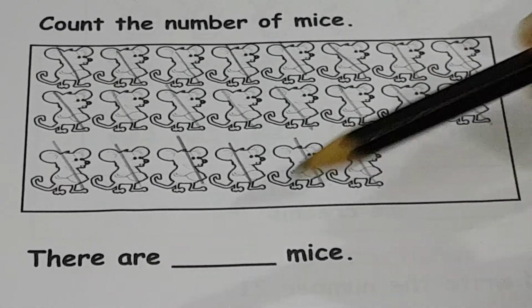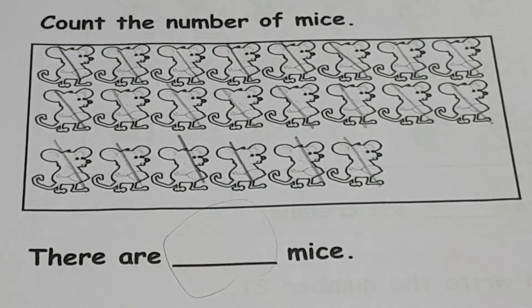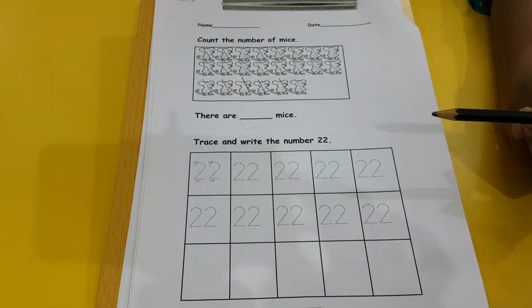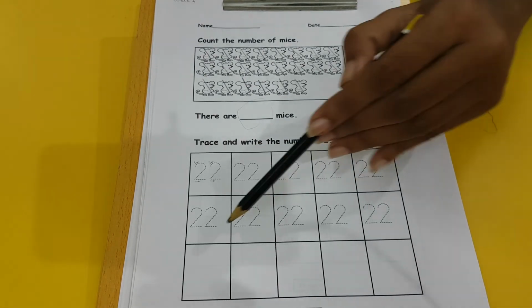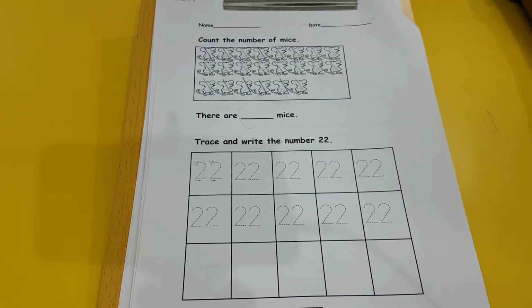So there are 22 mice here. You will write 22 here. Then come down. Trace number 22 here. And don't forget to write 22 all by yourself.